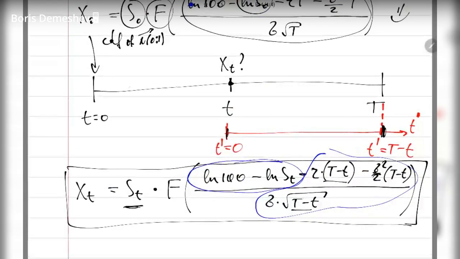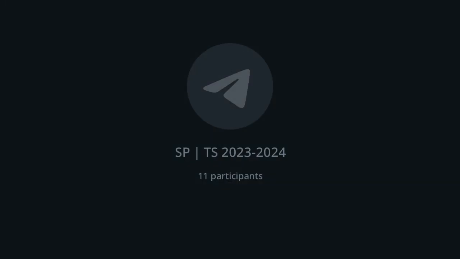Okay, any questions? So we have calculated the price of a financial claim using a hard integral, using the samurai way to calculate the integral. Any questions? Okay, let's continue.